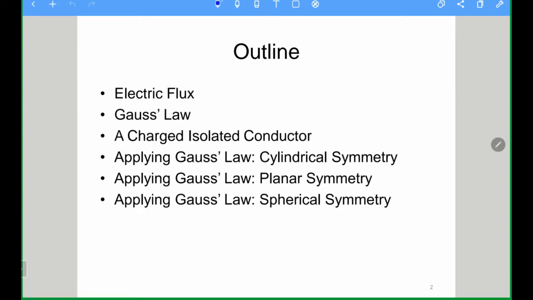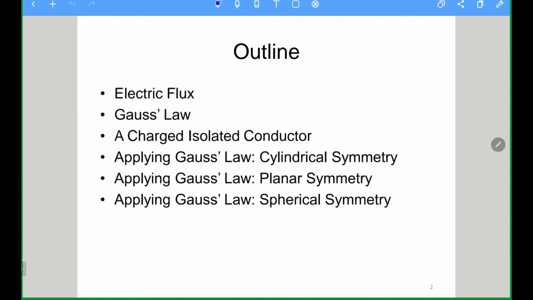Okay, so this is the outline for chapter 23. First of all, we will introduce electric flux. What is electric flux? And then the second item is Gauss law, which is the main part of this chapter. Of course, it is the title of this chapter.